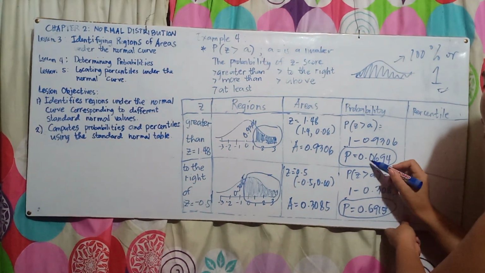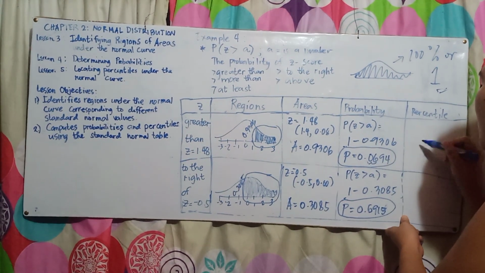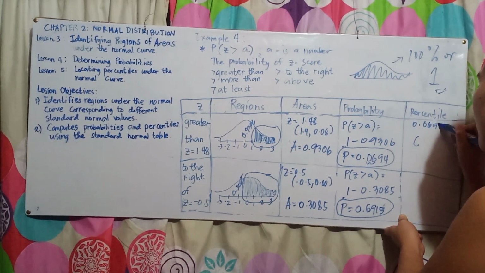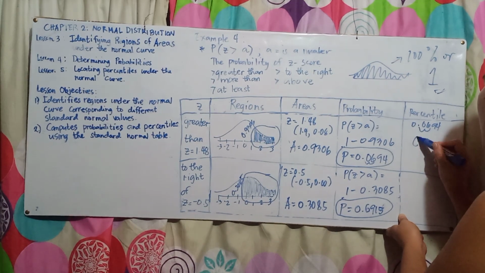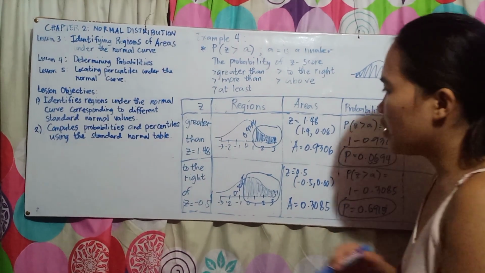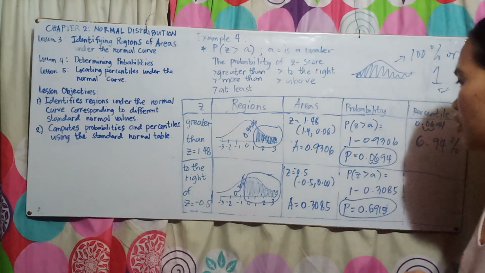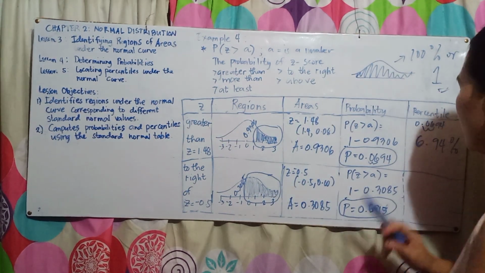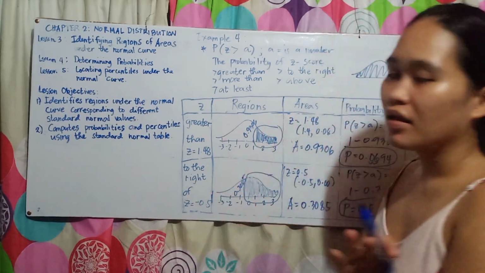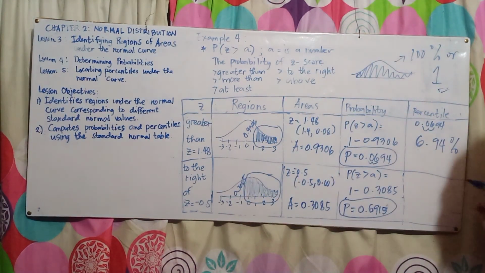Next is percentile. I-move lang nimo ang probability to decimal places. Since 0.0694, i-move to decimal places, magiging 6.94%. Ibig sabihin, kaning naka-shaded portion, equivalent to 6.94% lang out of 100%.